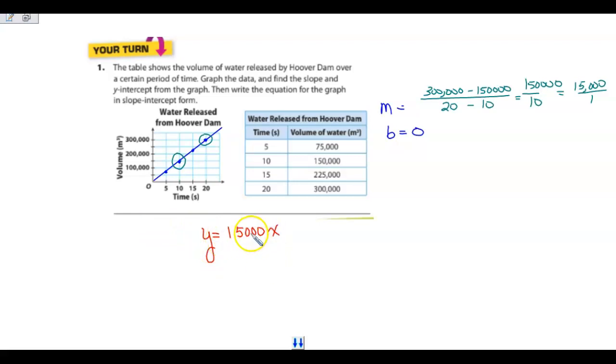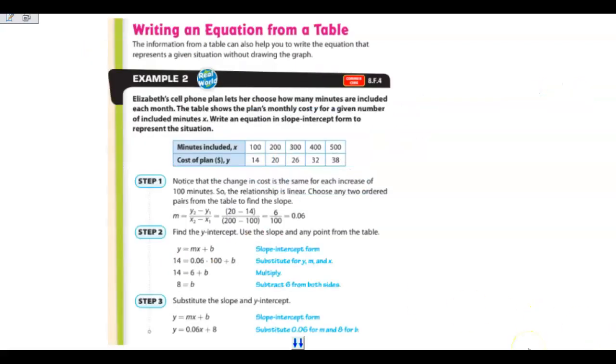So 15,000 cubic meters per second will tell me how much water is released from Hoover Dam. If we don't have a graph and we only have a table, we can still come up with our equation.